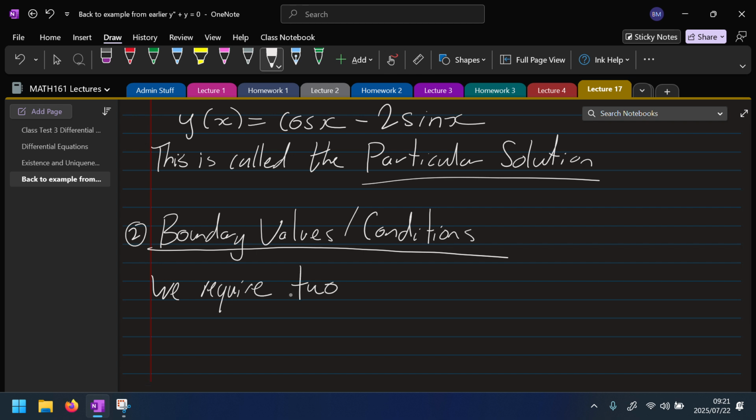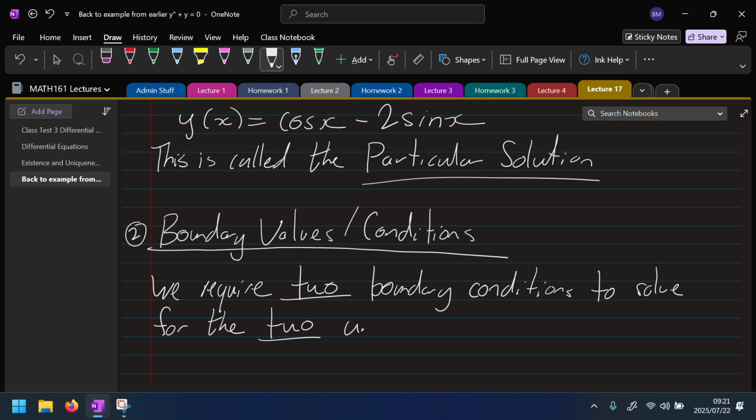So we require 2 boundary conditions to solve for the 2 unknowns A and B. Again, the number 2, because it's second order, so we need boundary condition number 1 to solve for A, and boundary condition number 2, and then we can solve for B.